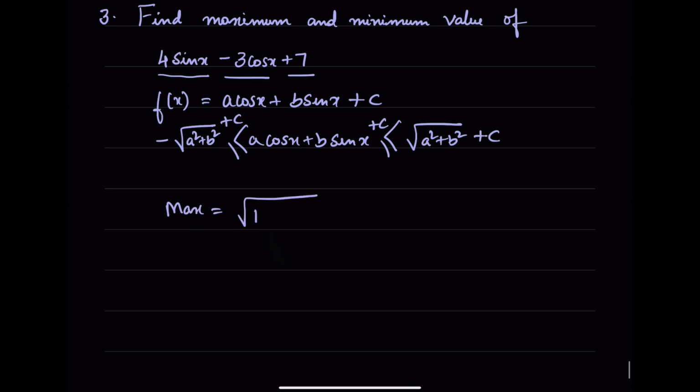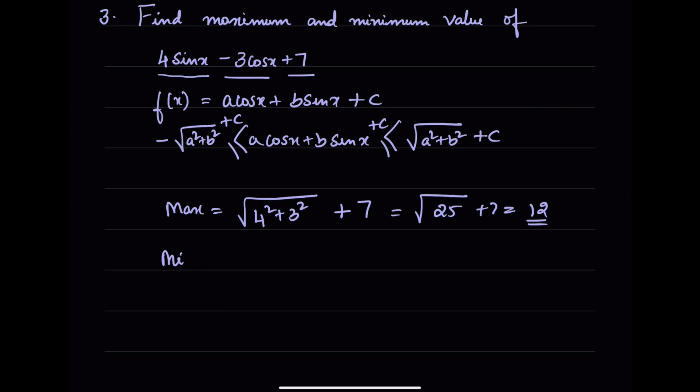It would be square root of 4 square plus 3 square plus 7. This is nothing but 5 plus 7, correct? This is square root of 25 plus 7, which is 12. That is the maximum value.